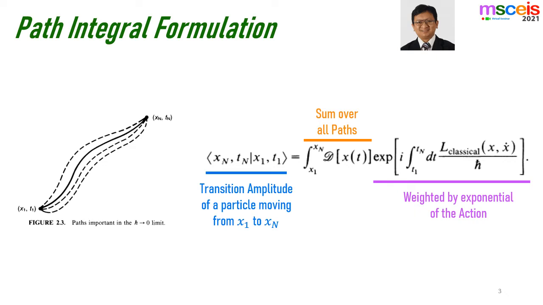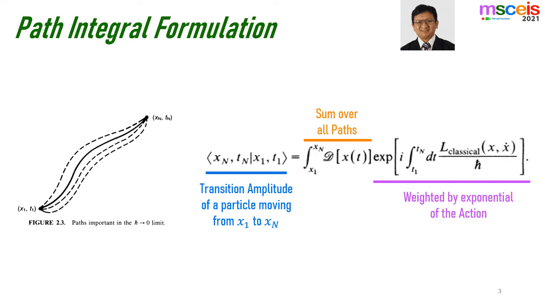So this is the path integral formulation as derived by Richard Feynman. It's actually calculating the transition amplitude of a particle moving from x1 to xn. And it is obtained by the integration over x(t). So this x(t) is a path, a function, which is the x position as a function of t.